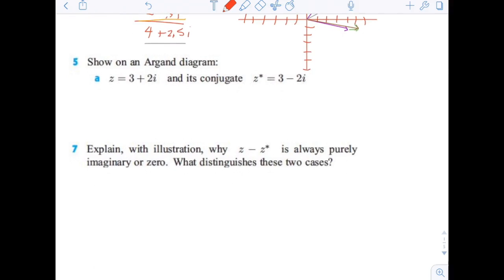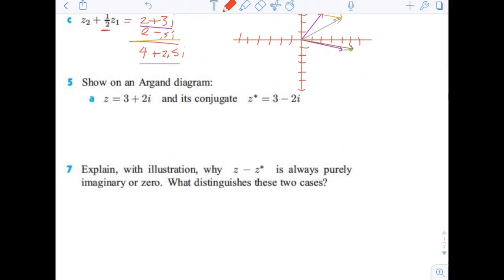Show on an Argand diagram 3 plus 2i and its conjugate, z conjugate equals 3 minus 2i. This is pretty easy. We're going to put maybe 3 slashes in each direction, because these are not big vectors. First I'm going to draw 3 plus 2i, which would be 3 to the right and 2 up.